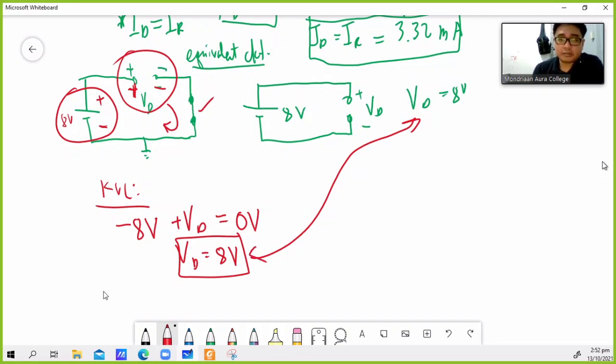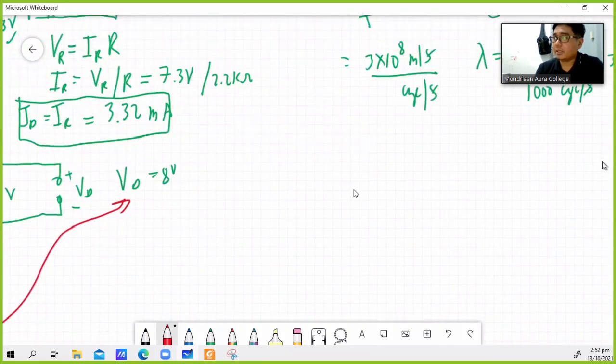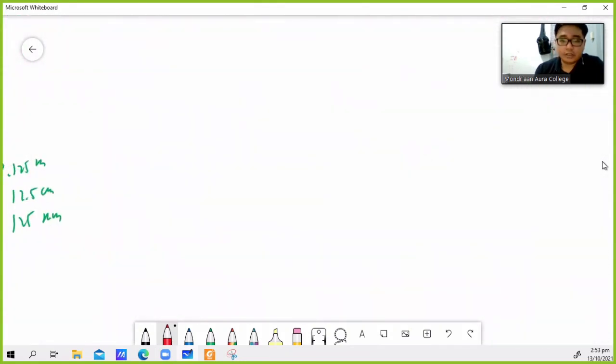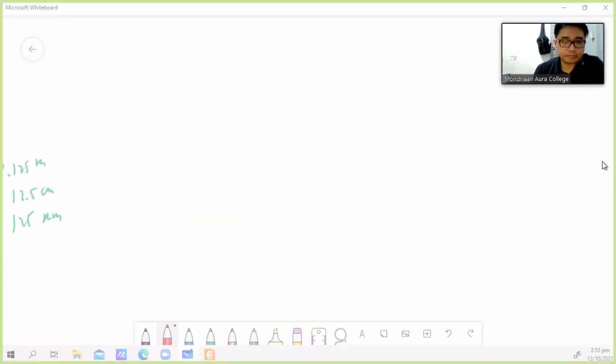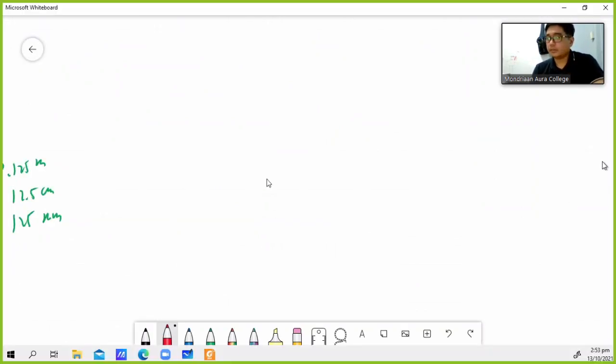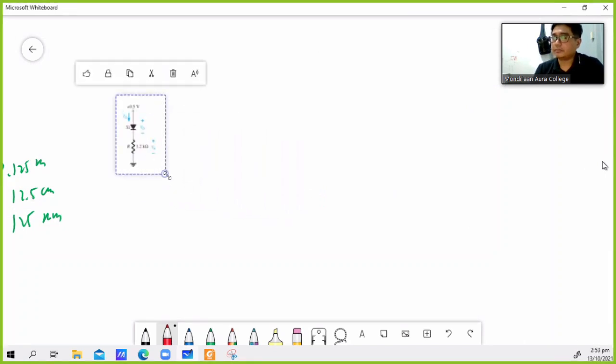So next example. Yan, for the diode configuration, so let me just copy and paste yung from the ebook. So this is the next example.